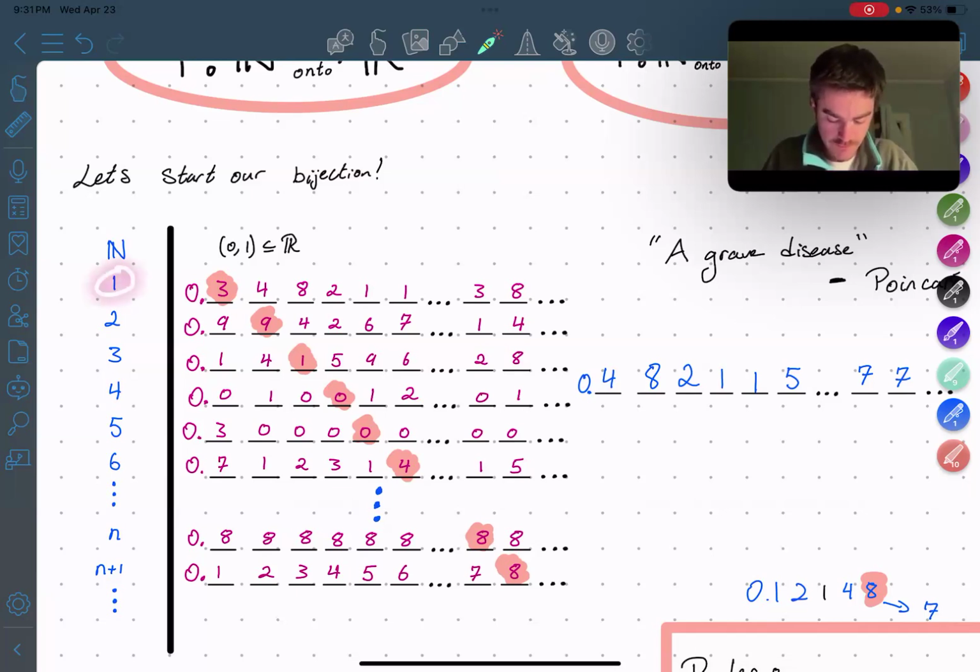In the ones place, where we have 1, we know it's not there because we changed that first digit to 4. And we know it's not 2 because we changed that second digit to 8. We know it's not 3 because we changed this third digit to 2.